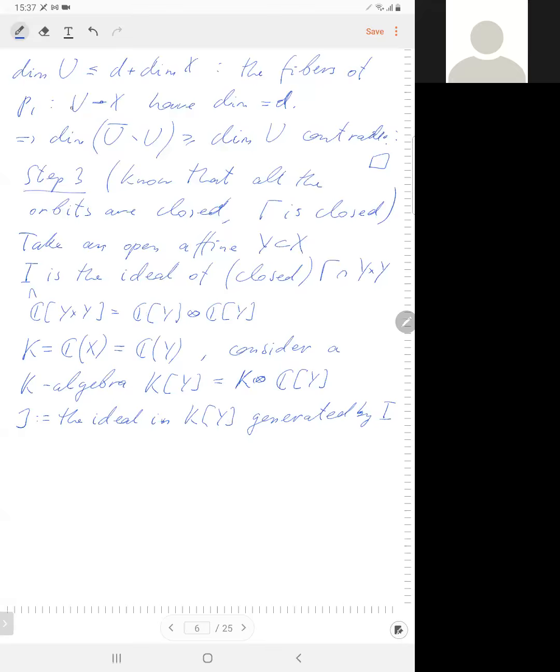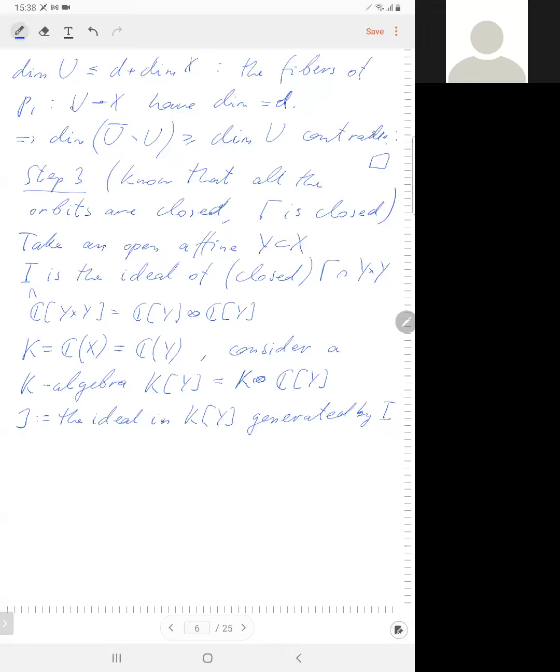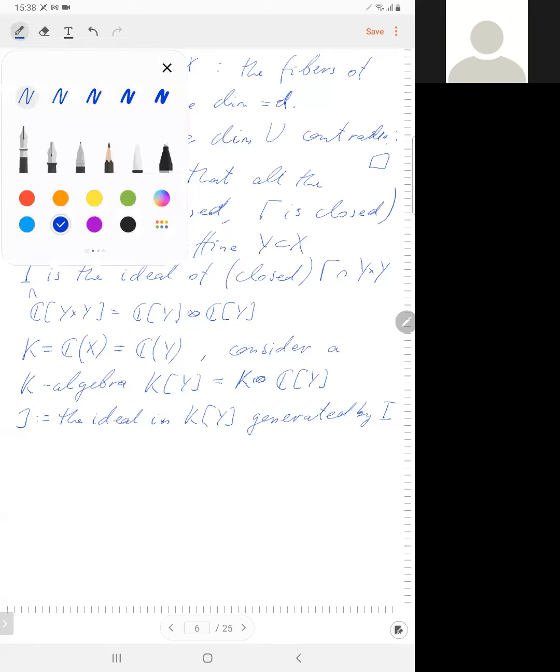Okay, now the group G, sorry. For some reason, I cannot write anymore. Don't know why. Maybe somebody has an idea why I cannot write anything else?